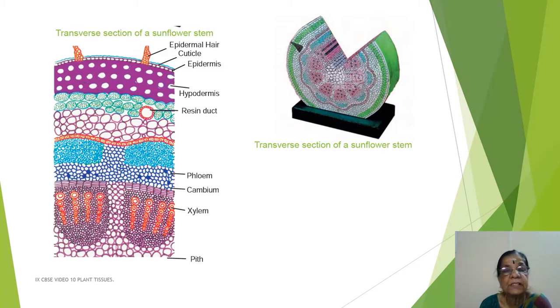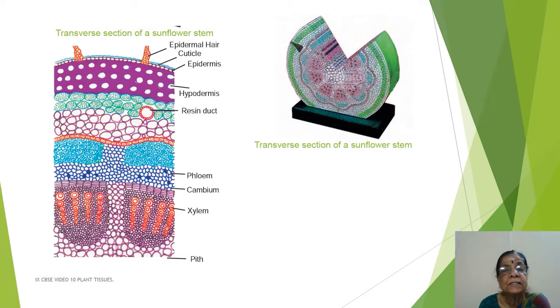Now listen carefully. The outermost layer is called the epidermis, formed of a single layer of parenchyma tissue. This epidermis gives rise to epidermal hair, the red labeling. Like we studied root hair in the root system, the stem has the same, but we don't call it stem hair, it is epidermal hair.